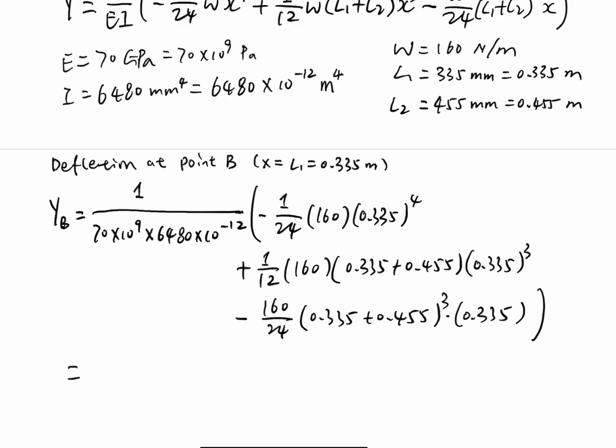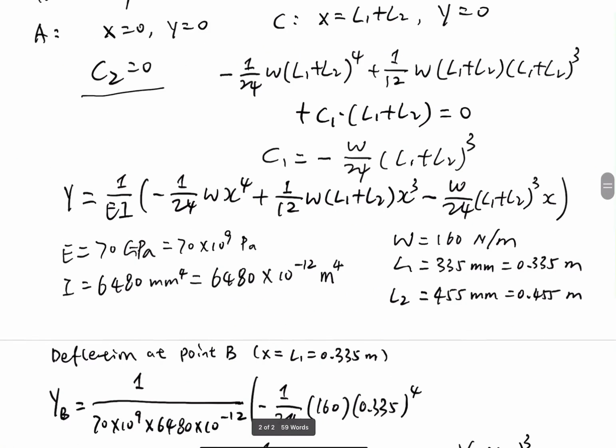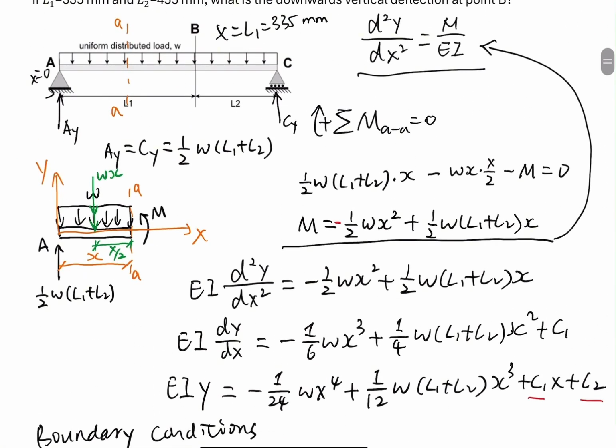Then using the calculator, we get the result 0.0174 meter, which is 1.74 millimeter. It is negative, which means the direction is downward, because in our coordinate system y positive is upward, so negative is downward.